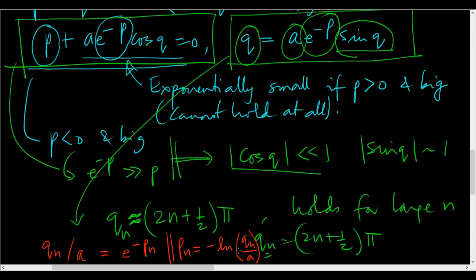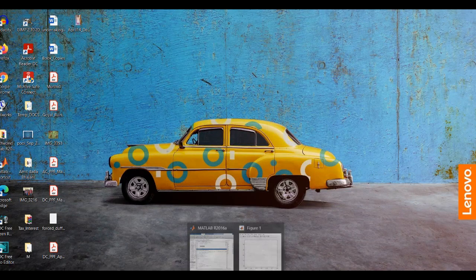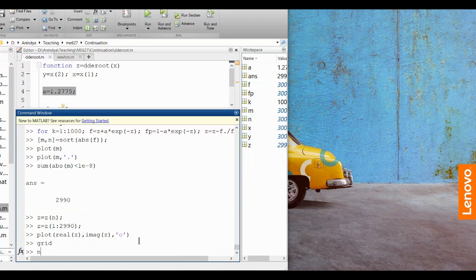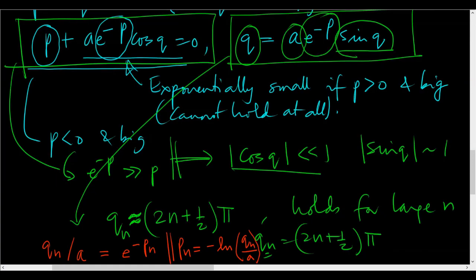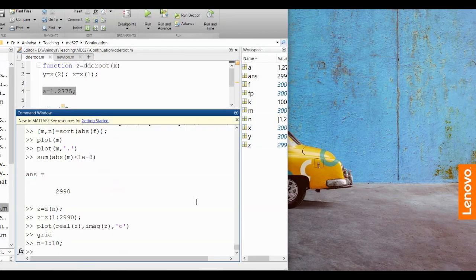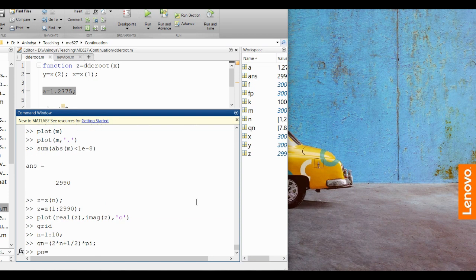Now let's come back to MATLAB, and here are my guesses now. So I will say n equals 1 to 10. qn equals 2 times n plus half times pi. pn equals minus log qn by a.